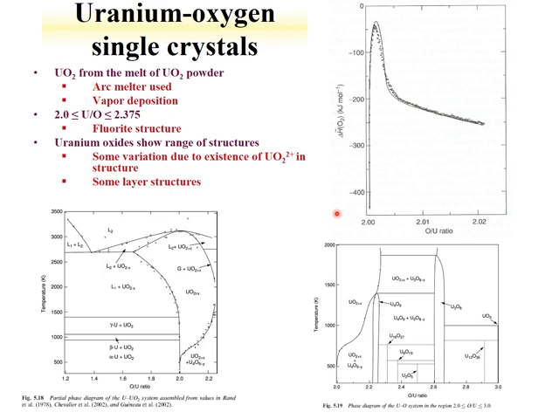One of the ways of measuring that ratio is by looking at thermodynamic data like this, the Gibbs free energy, as a function of the oxygen to uranium ratio. If one takes material and evaluates the enthalpy, not the Gibbs free energy, the enthalpy of the system, one can determine the oxygen to uranium ratio from this.